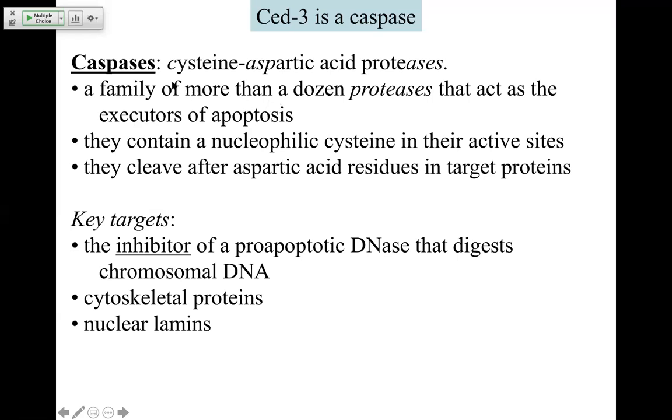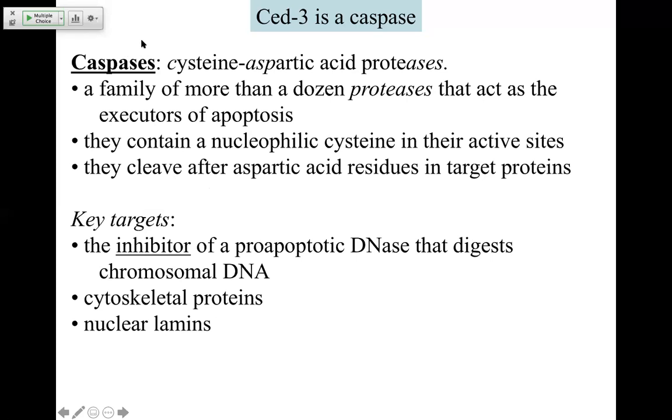The reason for the name, the C, the cysteine, is part of the protease in the active site that actually interacts with the target protein to carry out the hydrolysis, the peptide bond hydrolysis. So that's where the cysteine is, in the active site of the protease. And the aspartic acid refers to the amino acid in the target protein that's sort of attacked. All right, we'll see an example of that on the next slide.